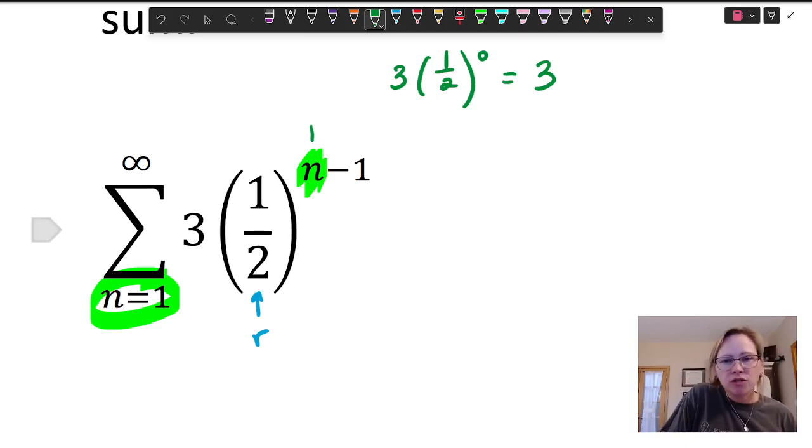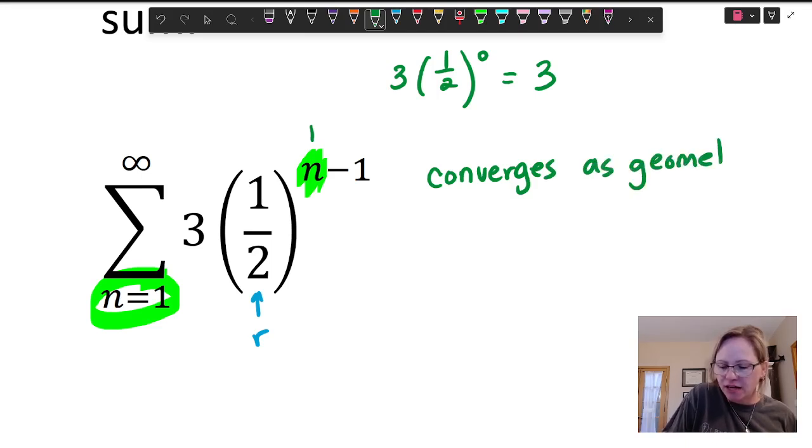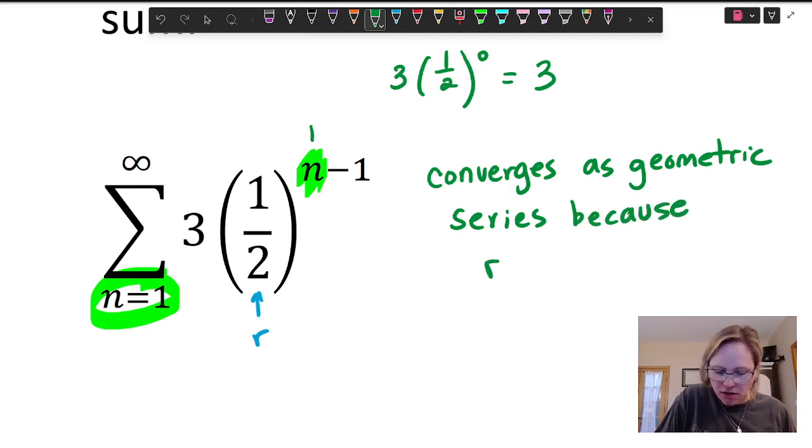So what we're going to do here is say that this series converges as a geometric series. We're going to identify what r is. r equals 1/2, and that is less than 1. Then we're going to find the sum.